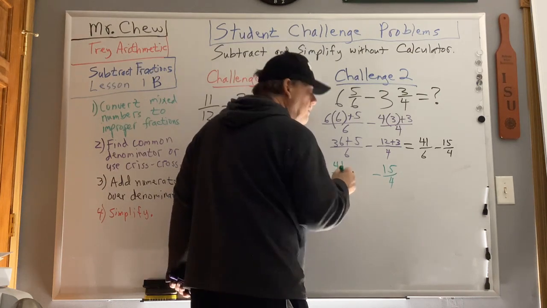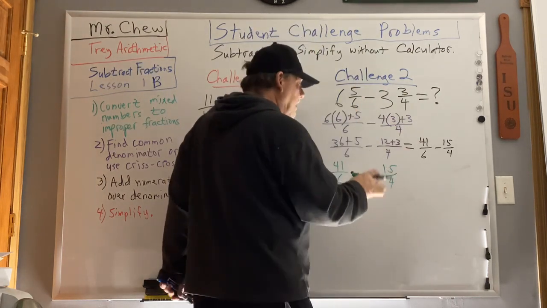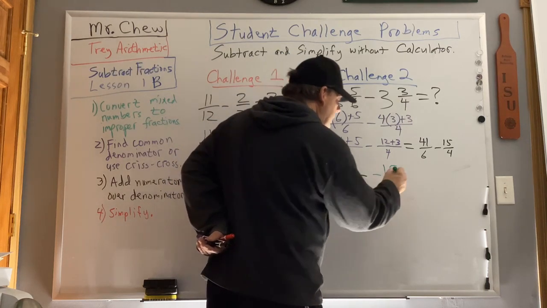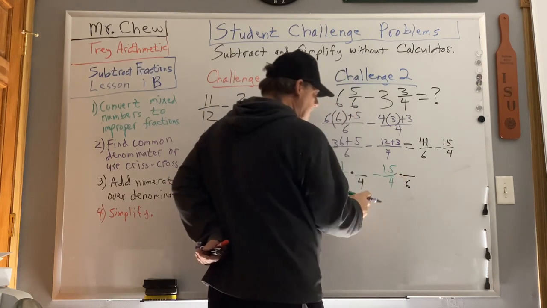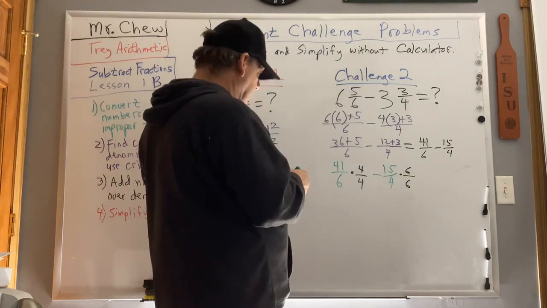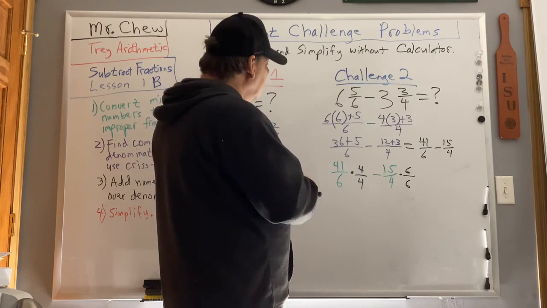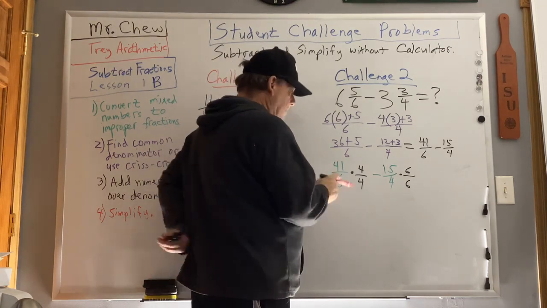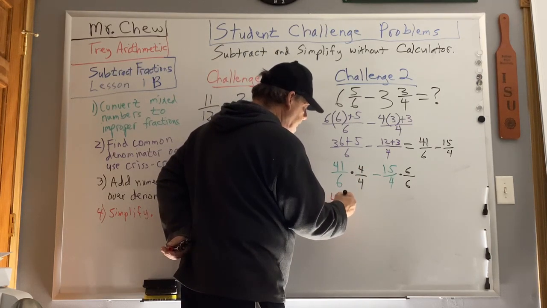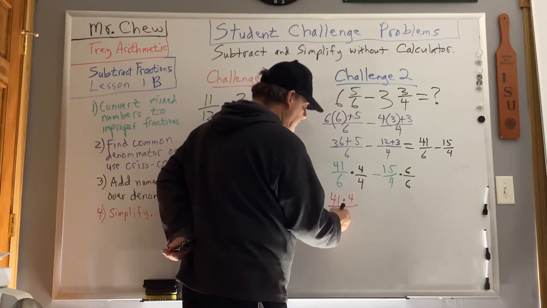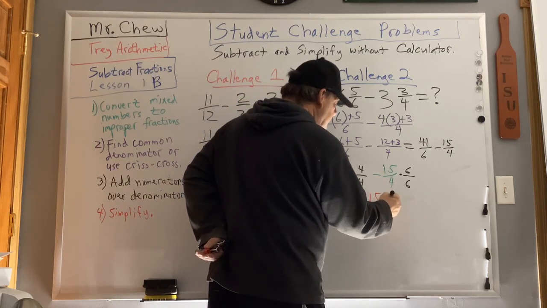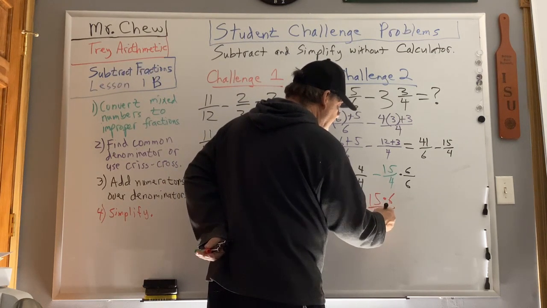So remember, there is a way to get a least common denominator in another video, but right now, let's just get a common denominator. I can multiply this 6 by 4, and then I can multiply this 4 by 6. But remember, we have to be multiplying by 1, 4 over 4, 6 over 6. All right? So now we just do like we did in challenge 1. 41 times 4 over 6 times 4, minus 15 times 6 over 4 times 6.